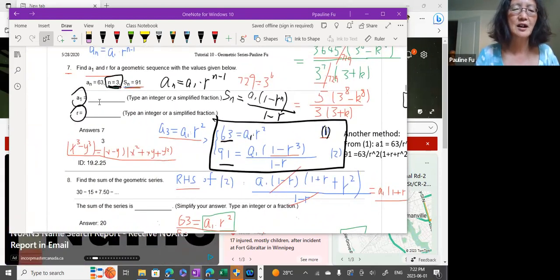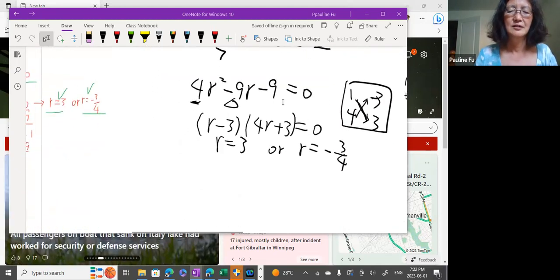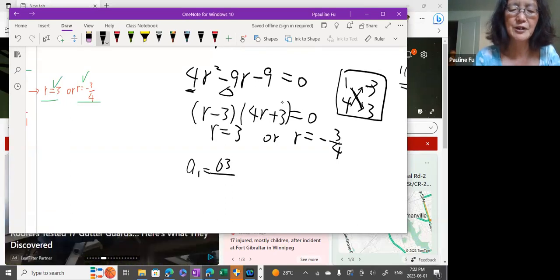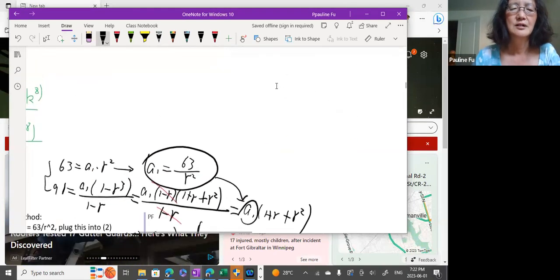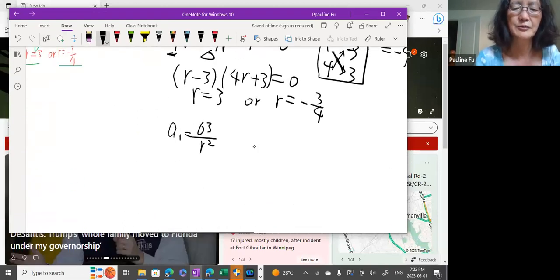We solved for R. So remember what is A? A1 is 63 over R squared.